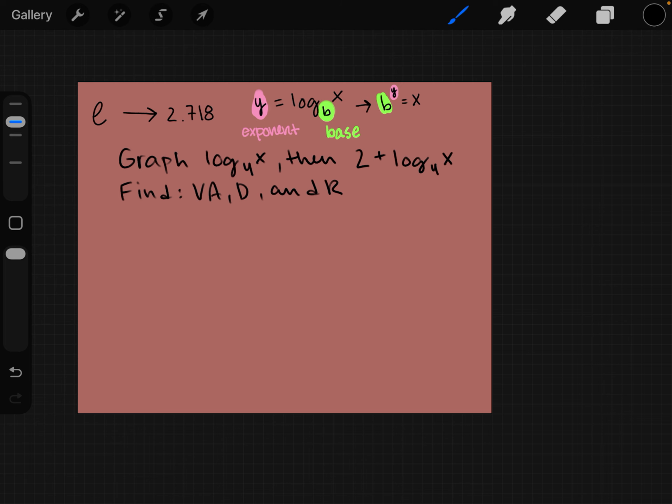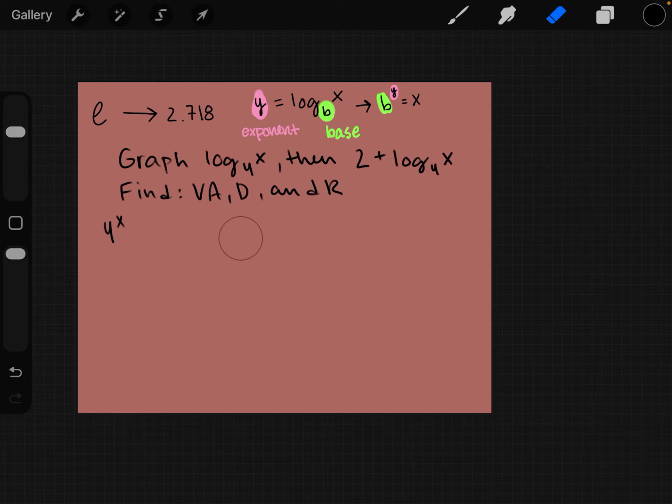Okay, so we need to graph log 4x. But to do that, the easiest way is to first graph the inverse, which, like I said in the other video, is this. These two things are inverses of each other.